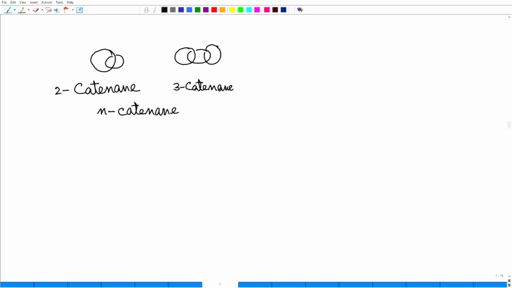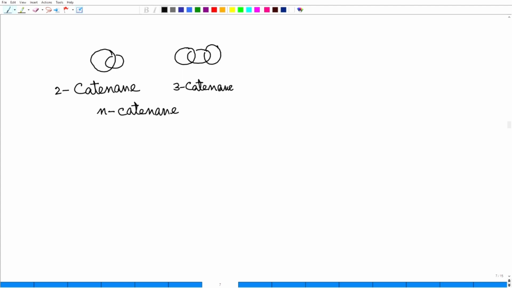So, when I say N-catenane it does not mean that 10 of them will be catenated. There is a limit. When you have 5 of these, then we call it Olympiadane, a 5-catenane. So, I will draw the structure and show how to synthesize them.